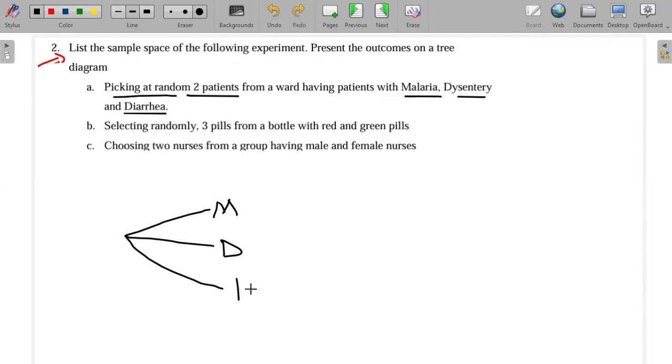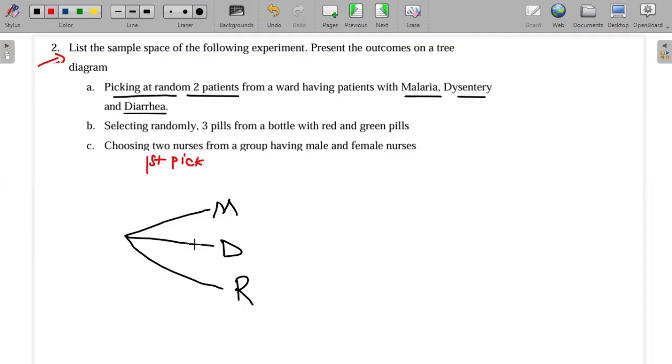For diarrhea, let's just use R like that. So this is my first pick. I can pick a person with malaria, or a person with diarrhea, or the person with dysentery, and this is diarrhea. So this is my first pick.